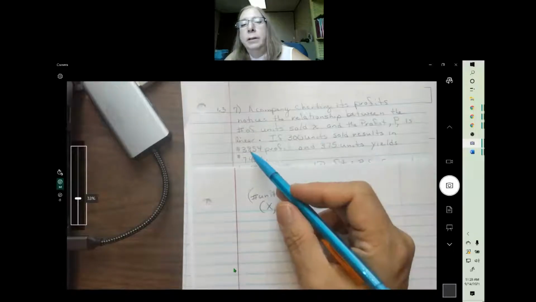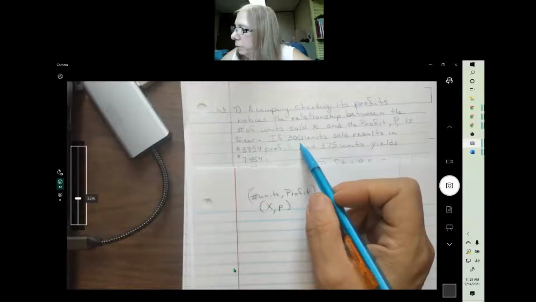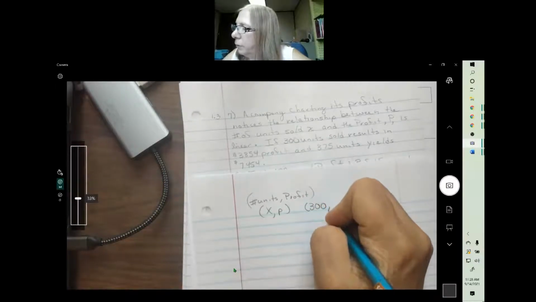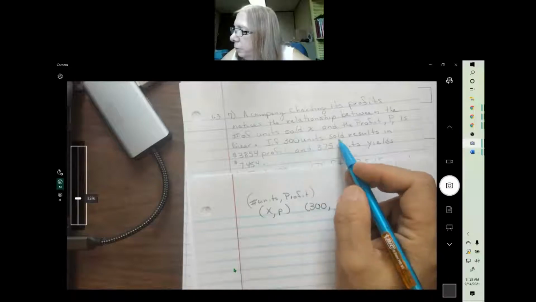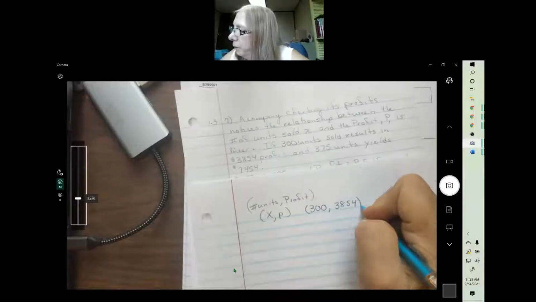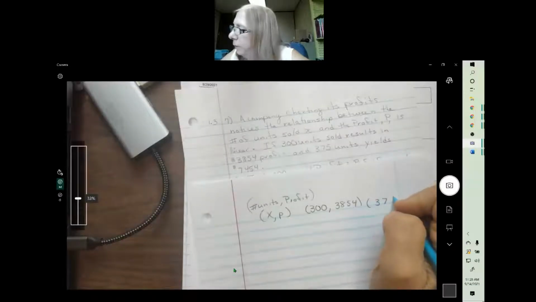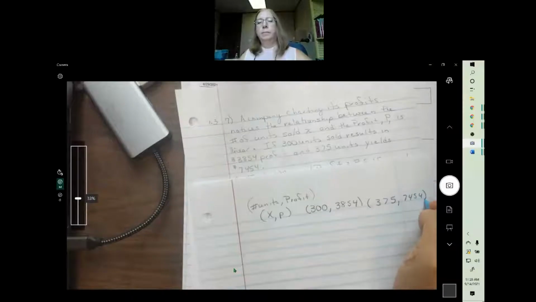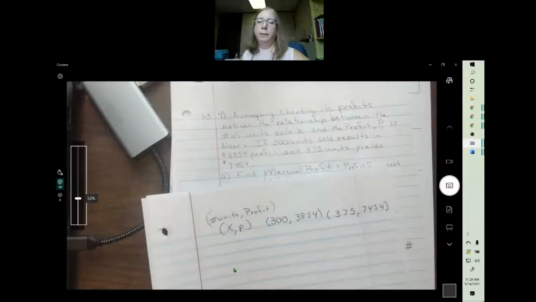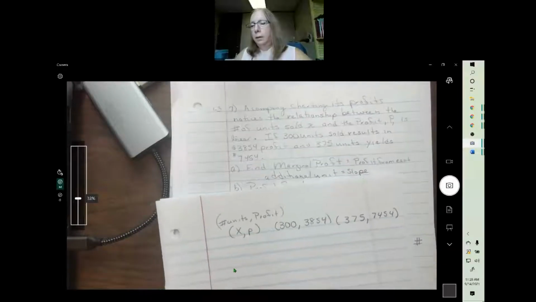Is a linear equation. If 300 units sold results in 38.54, and 375 units gives us a profit of 74.54. Find the marginal profit.